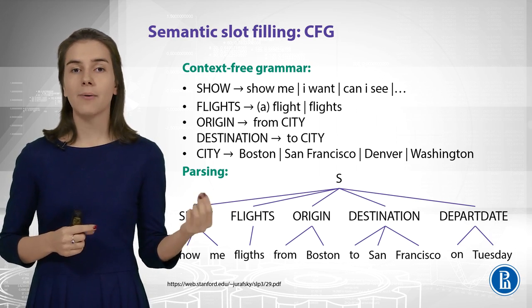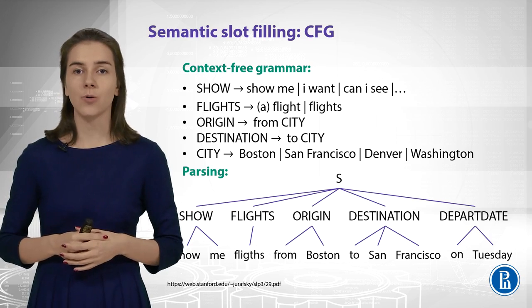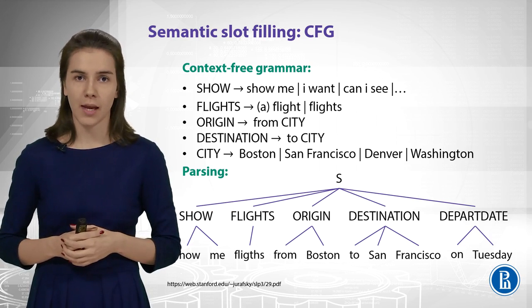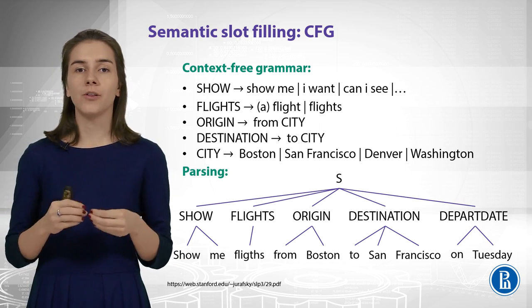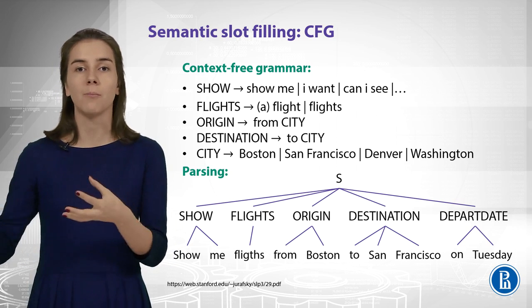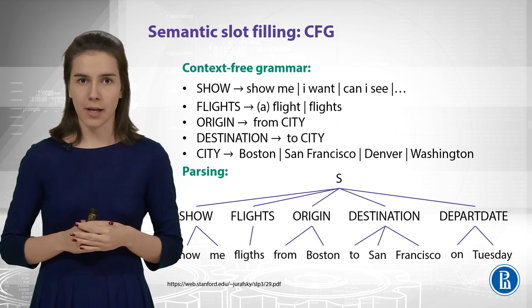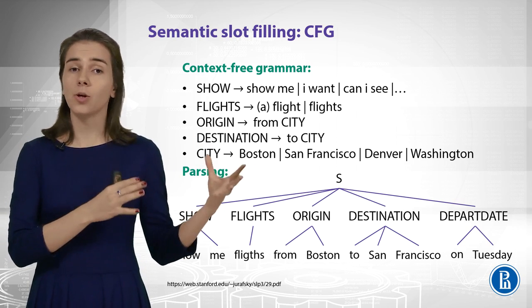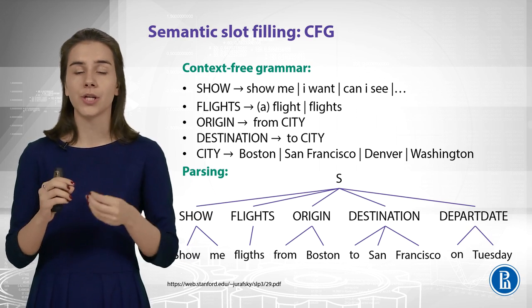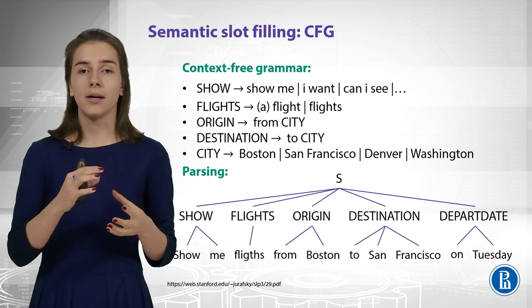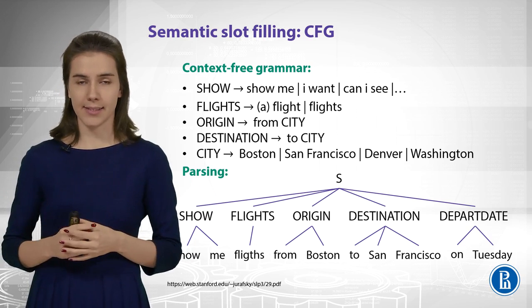This slide is about context-free grammars, so it is a rule-based approach. The context-free grammars show you what would be the rules to produce some words. For example, you can see that non-terminal show can produce words show me or can I see or something like that.